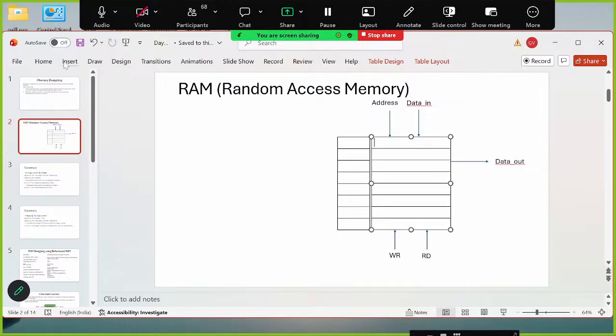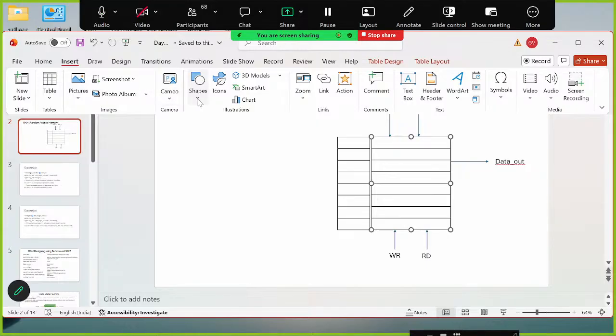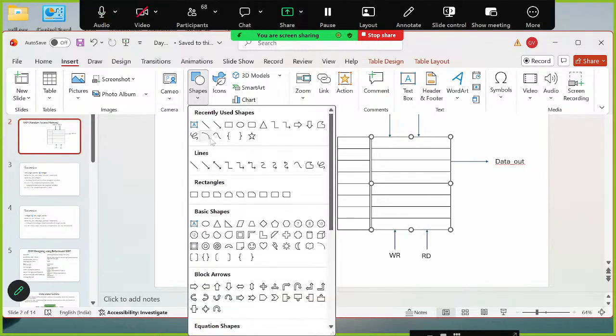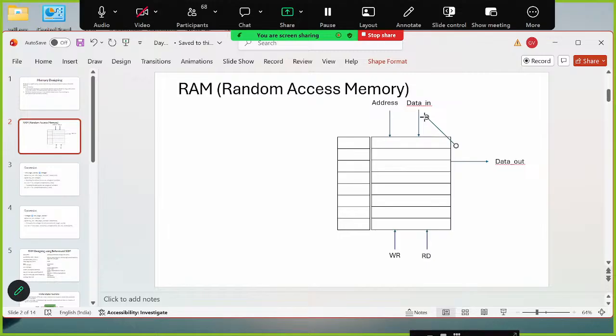So we need data lines of 8 bit, right? Whether it is a data input line, either we can write the 8 bit data or we can read the 8 bit data. What is the width of address line?